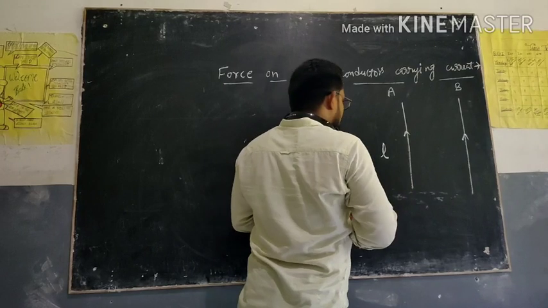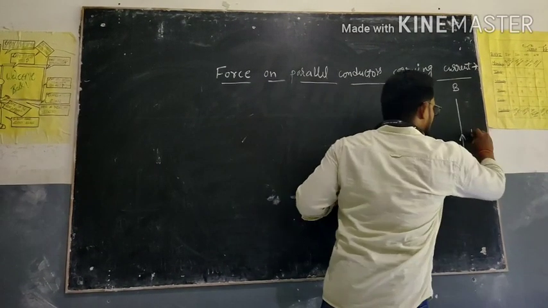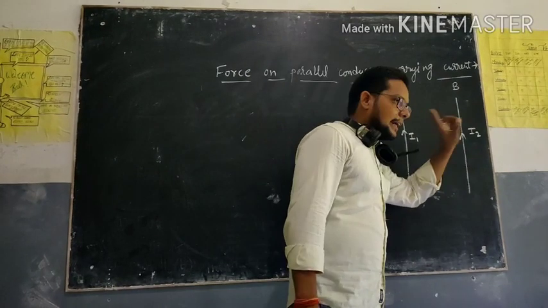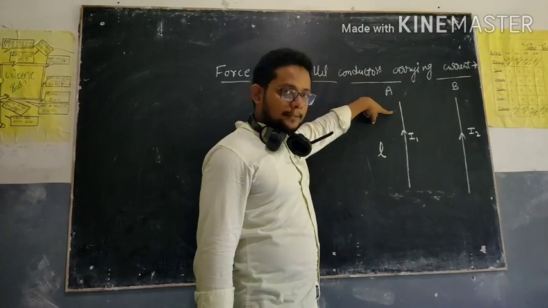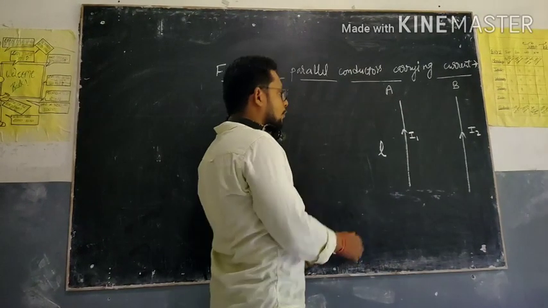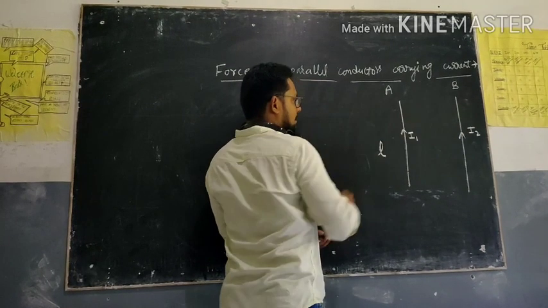So, my dear students, the current flowing in A is I1, in B is I2. Both are in same direction. In first conductor, the current is in upward direction. Direction of magnetic field will be in the form of concentric circles.